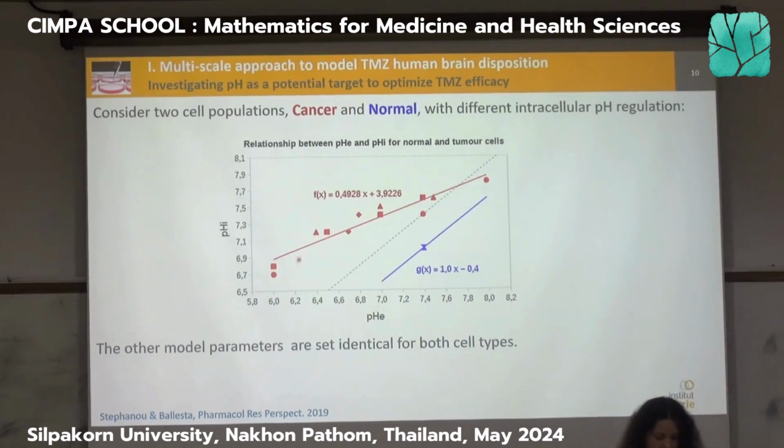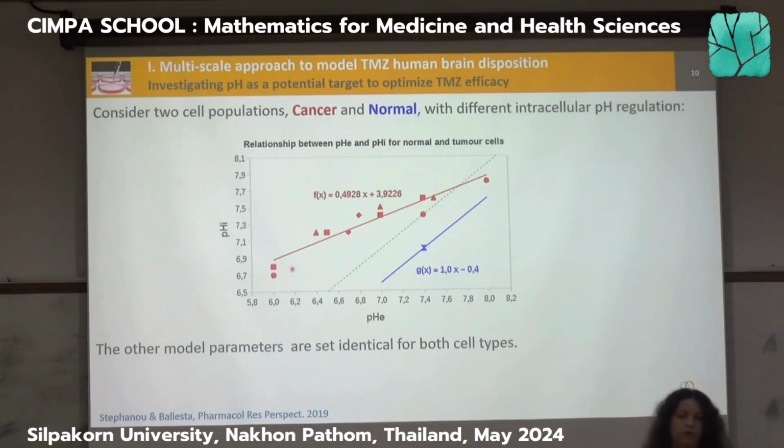On the opposite, if you look at the cancer cells, if you expose them to extracellular pH around 6, they are still able to survive. Why? Because they are able to regulate their intracellular pH to have a value above 6. Okay? So now, as you can see, the intracellular value is actually close to 7. And this is something that the normal cells cannot do.